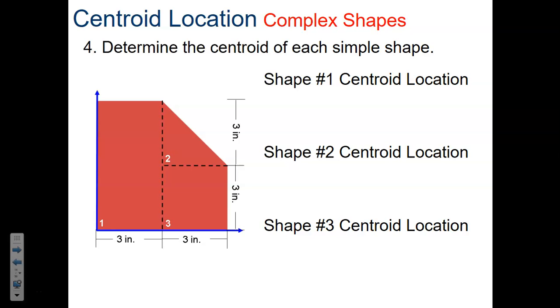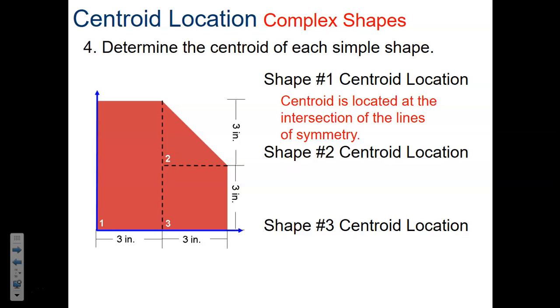A little bit trickier is to find the location of the centroid and its distance from the reference axis that we're looking at. And again, we're going to look at the x centroid, and then we're going to look at the y centroid. So this first one, the centroid, is located directly in the middle of this.